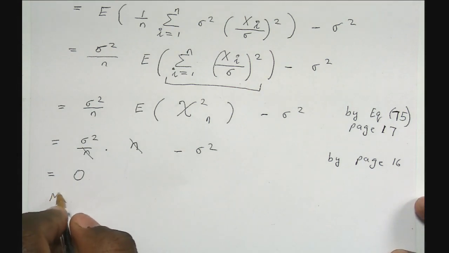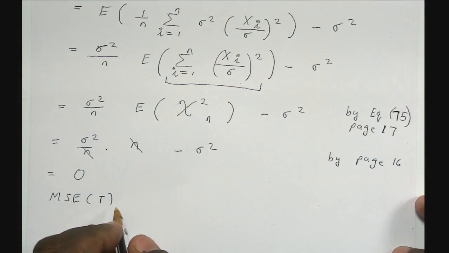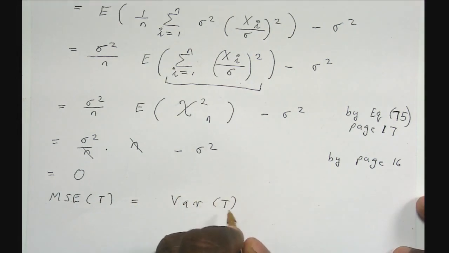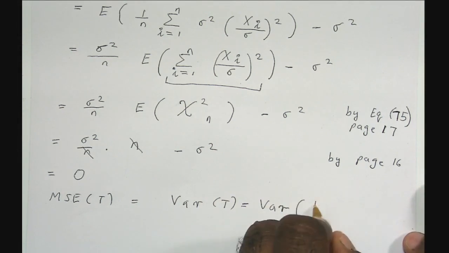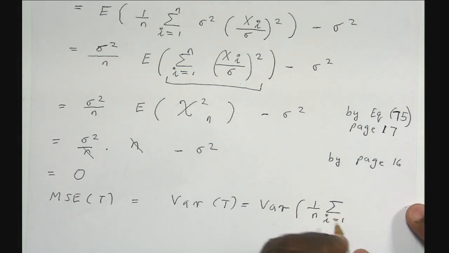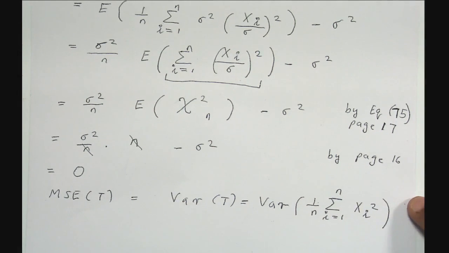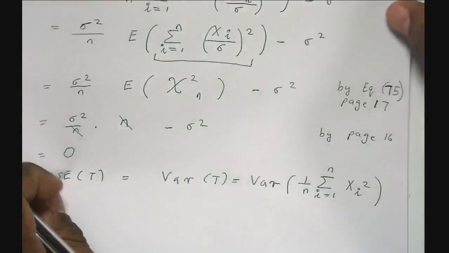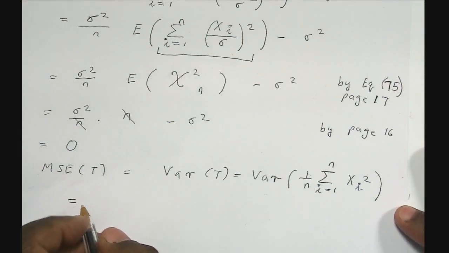Now, to find the MSE, because the bias is 0, this is the same as the variance of t. And this is the same as the variance of this.